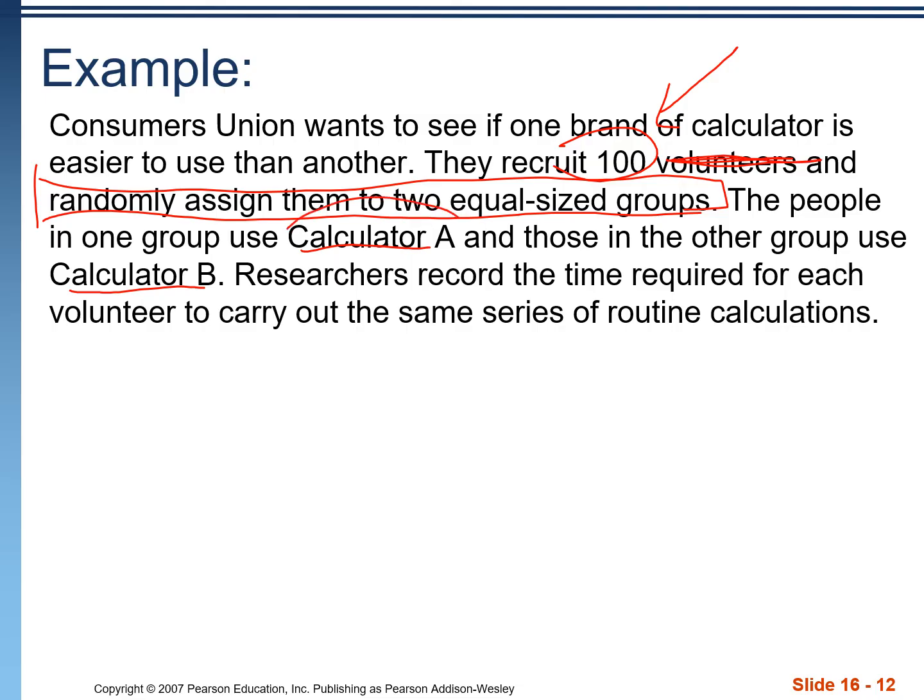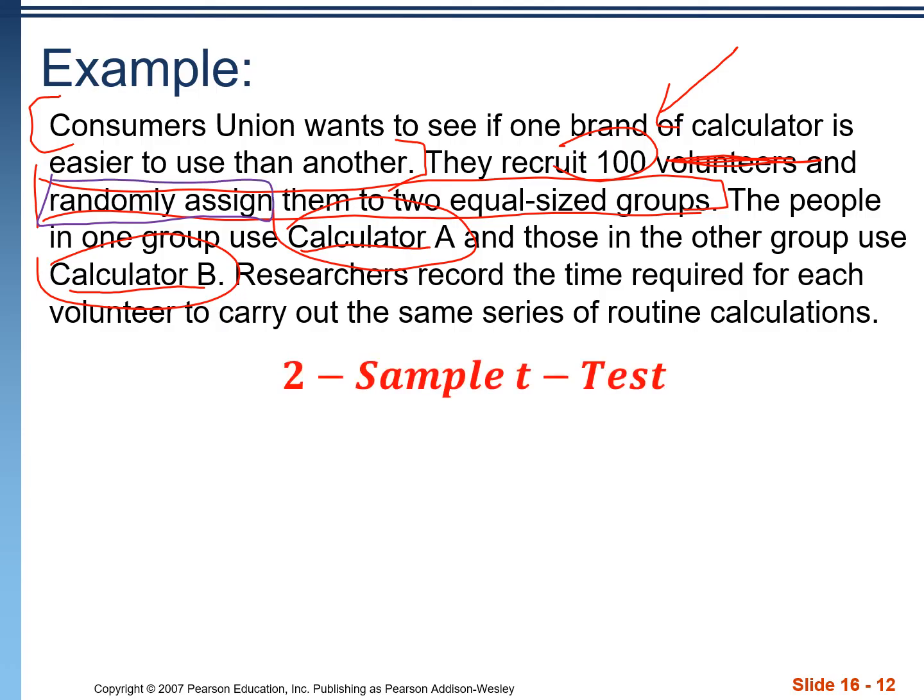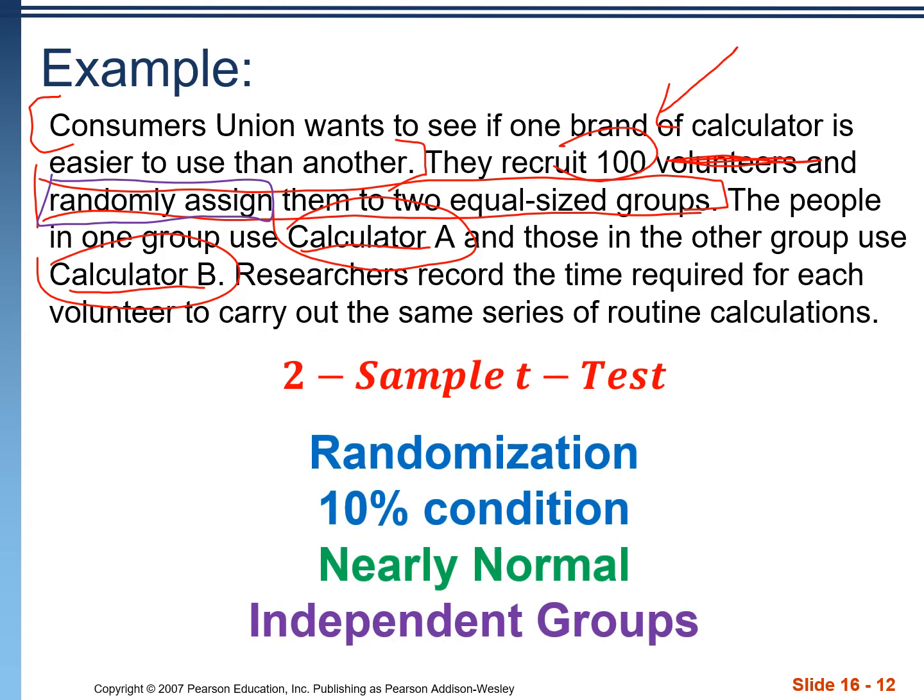So we have our calculator A group, calculator B group, they're both size 50. They want to see, is one easier to use than the other? Okay, now the main question at this point is, are these samples independent or are they paired? Since they are randomly assigned, they will be independent of one another. So this is a 2-sample t-test.